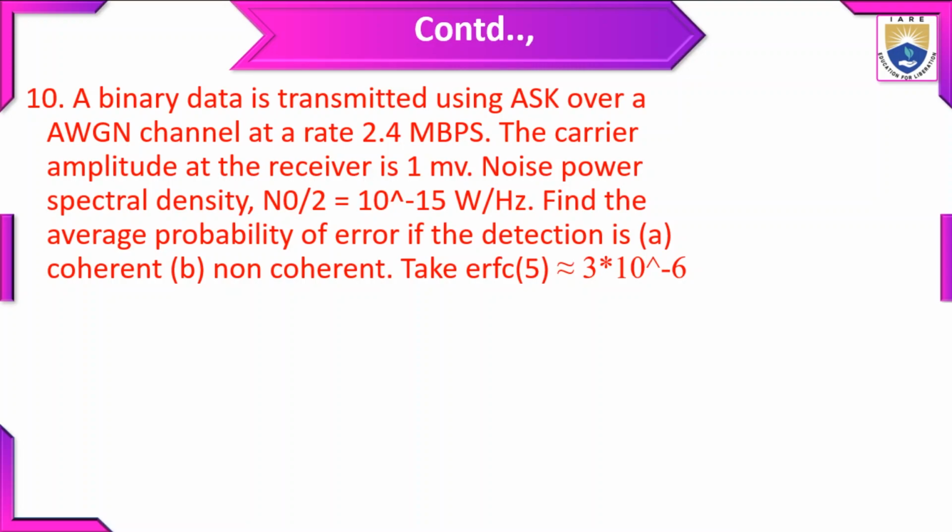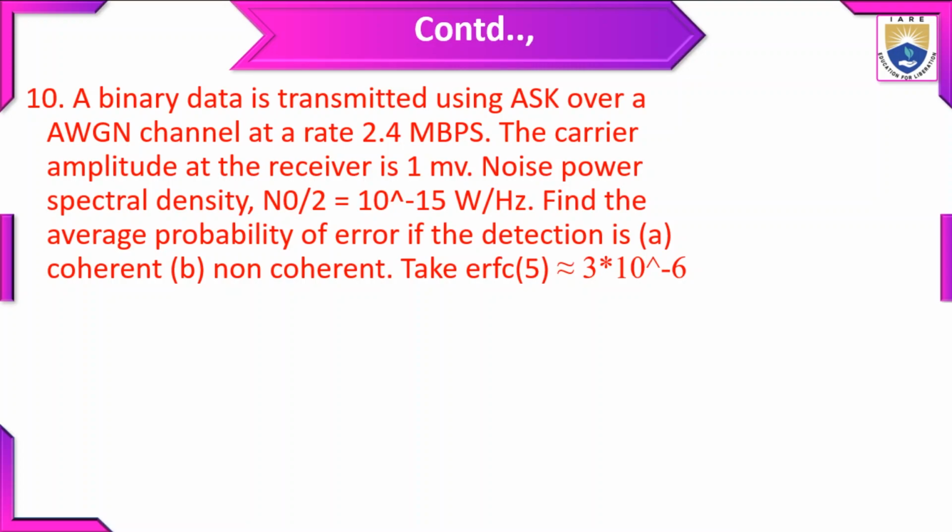The noise power spectral density N0 by 2 is equal to 10 power minus 15 watts per hertz. Find the average probability of error. The detection is, first one is coherent, another is non-coherent. Take erfc of 5 is 3 into 10 power minus 6. So in this way they mention here erfc of 5 is 3 into 10 power minus 6.